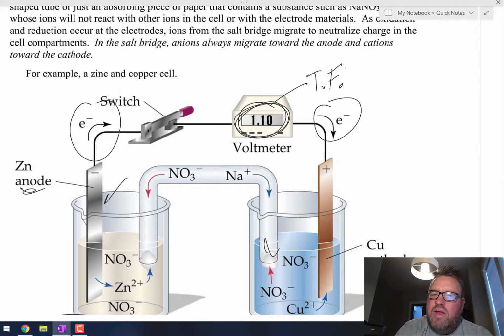In the other type of cell, which we're going to learn about in a few later videos, the cell potential is going to be negative. In an electrolytic cell, the cell potential is negative, and those are not thermodynamically favorable. But in all voltaic or galvanic cells, the cell potential must be positive. And if it's positive, then we know it is thermodynamically favorable.